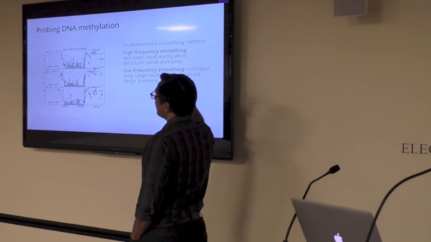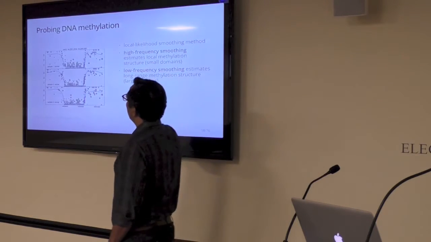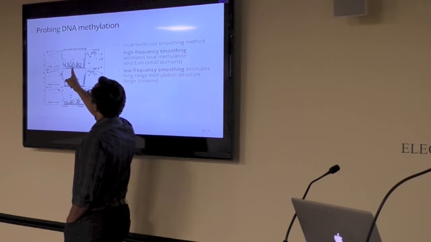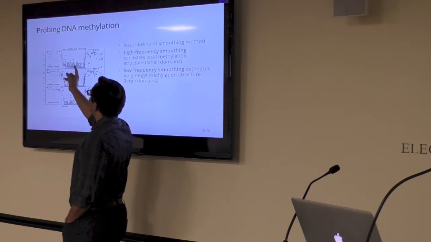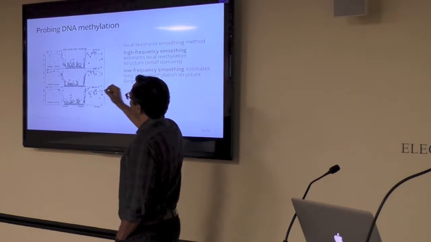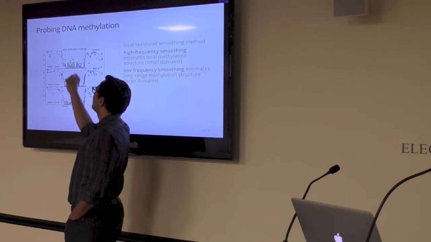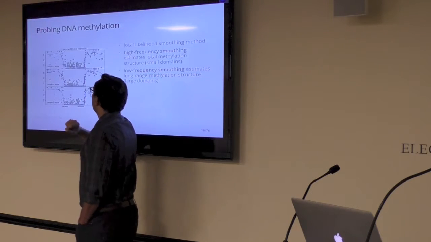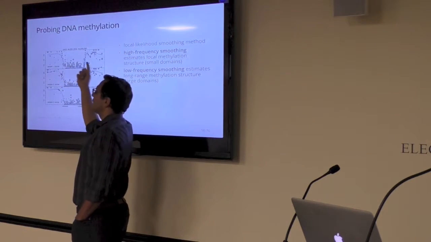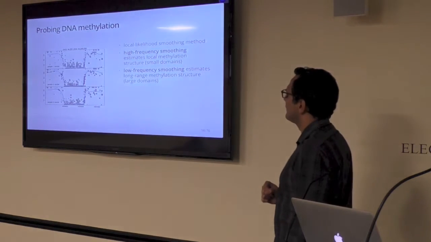We use local likelihood smoothing methods, which have a nice feature. You can think of smoothing as a way of saying how much is the estimate at this given position dependent on estimates around it. For high frequency smoothing, what we say is that the percentage here only depends on a small number of features around it. Whereas in low frequency smoothing, we would say that the percentage here depends on a much bigger number of locations around it.